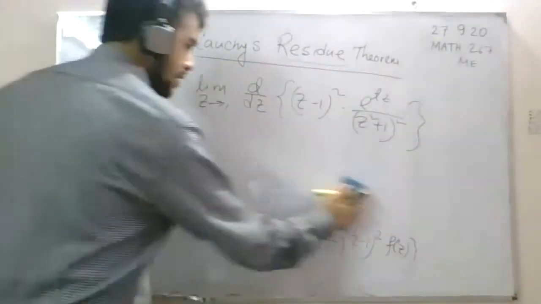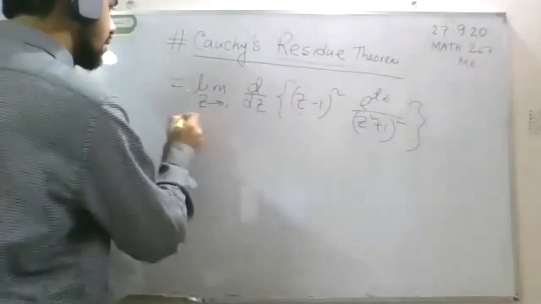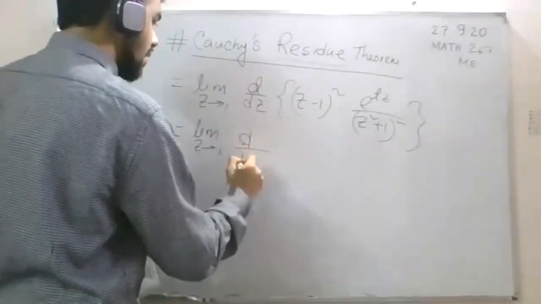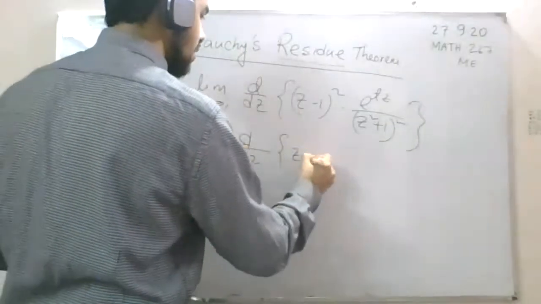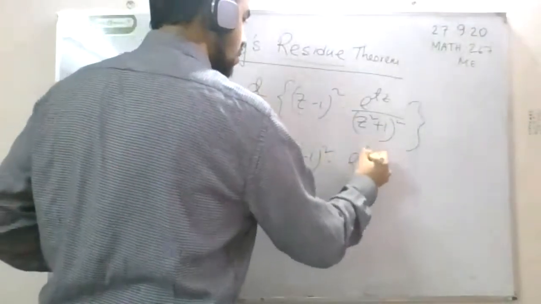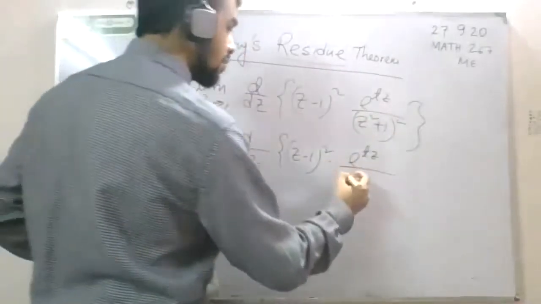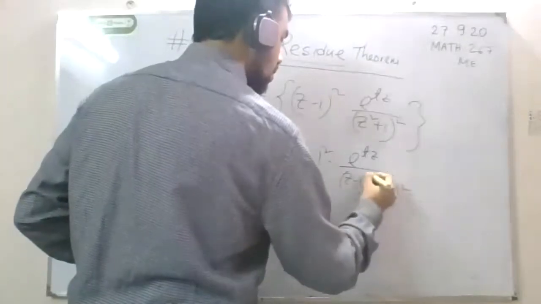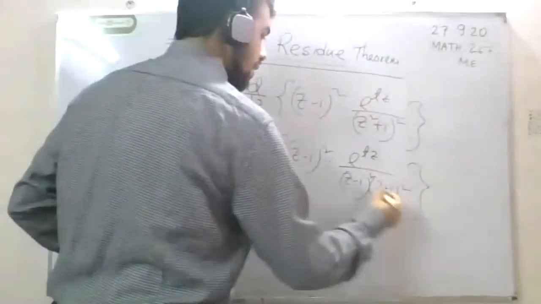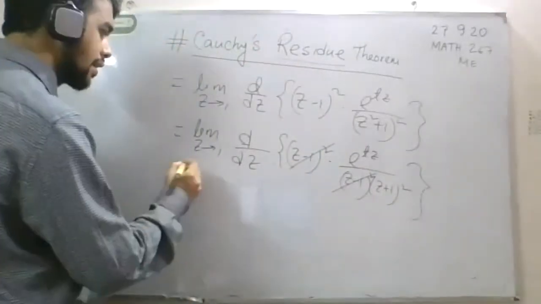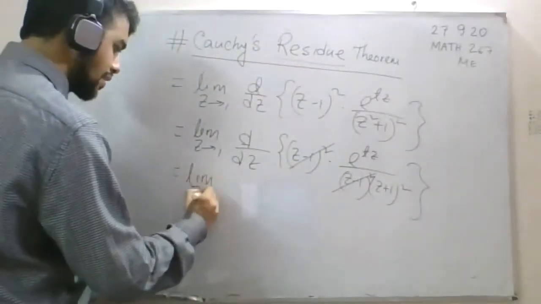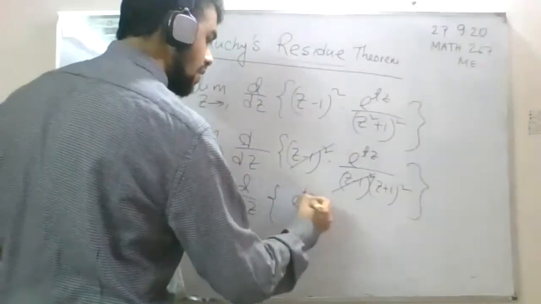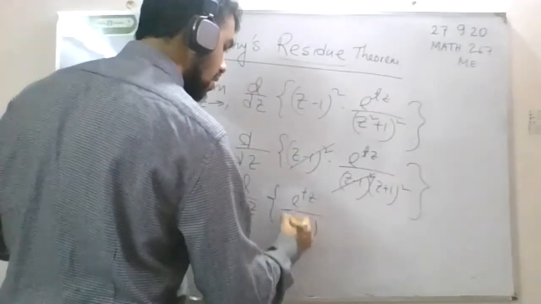Similarly, limit z tends to i, d by dz of (z minus i) whole square e to the power tz divided by (z minus i) and (z plus i) whole square. So you can remove these things from here, and you can write this as d by dz of e to the power tz divided by (z plus i) whole square.